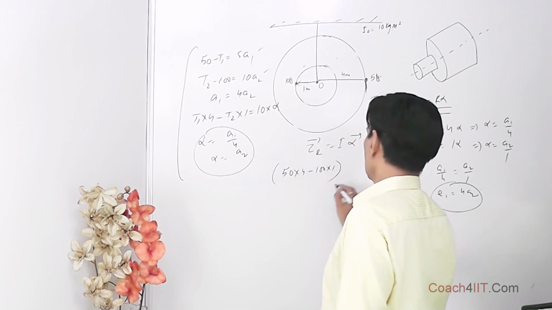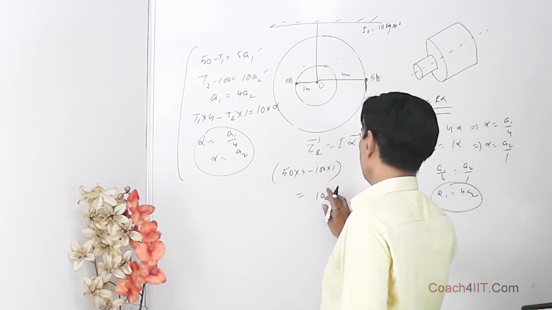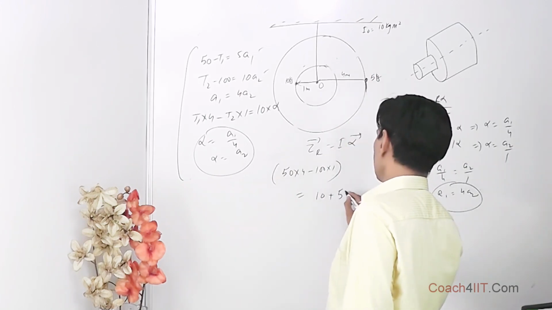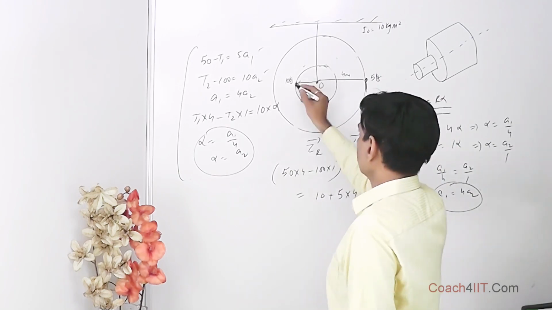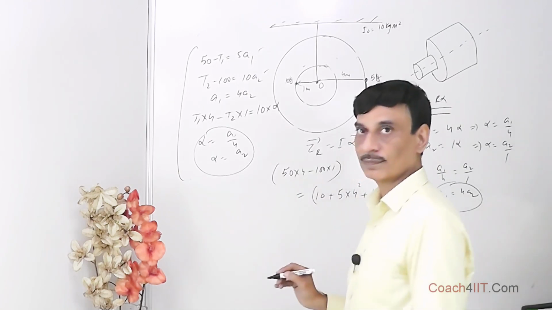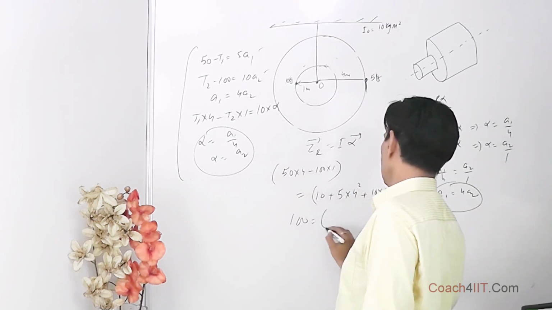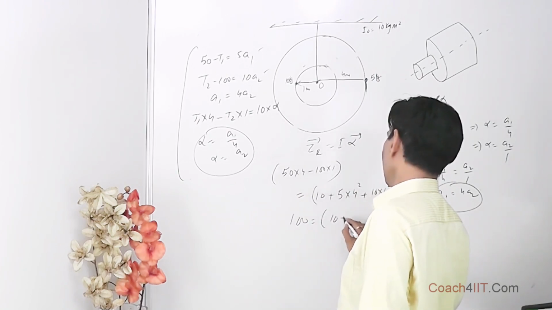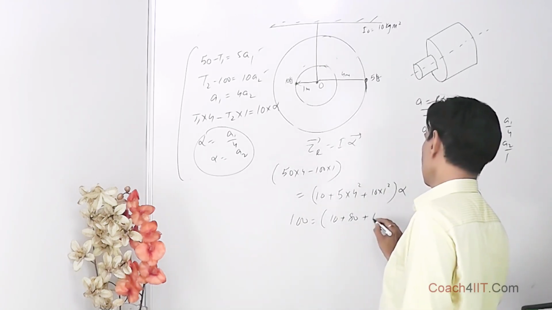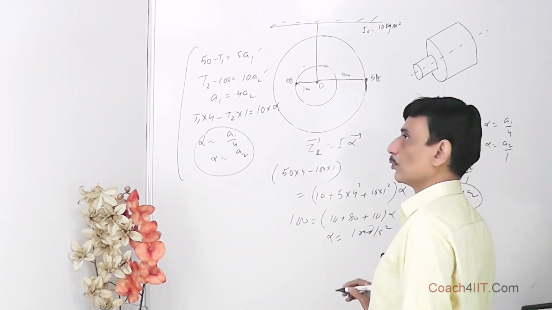That is equal to I of the whole system: 10 kilogram meter square of the pulley, plus this particle about this axis, that is mr square, 5 into 4 square, plus this particle about this axis, that is 10 into 1 square, into alpha. So over here this comes out to 200 minus 100, 100 is equal to (10 plus 80 plus 10) into alpha. So alpha comes out to 1 radian per second square.